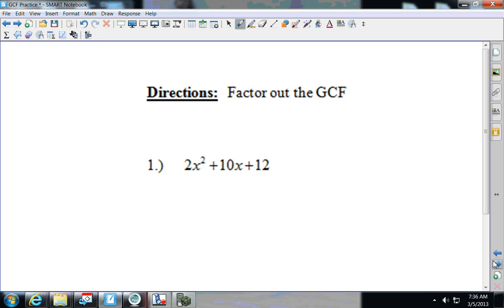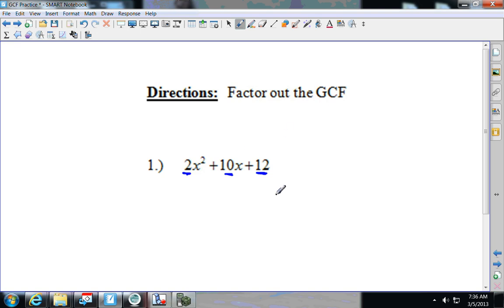Now, let's look at this. This is probably going to be a little bit easier than yesterday, but this is what most of the time we're going to do when we're talking about GCF. First off, you need to look at these 3 numbers. I've got 2, I've got 10, and I've got 12. Out of these 3 numbers, we need to factor out the GCF.